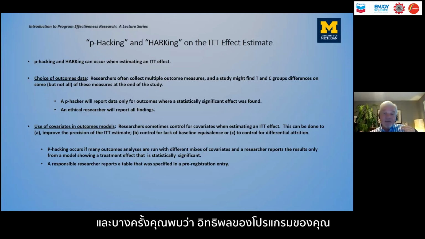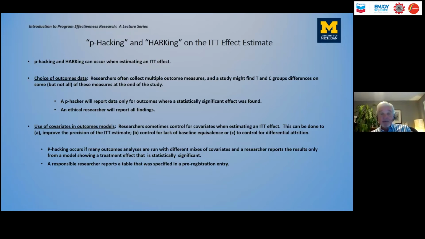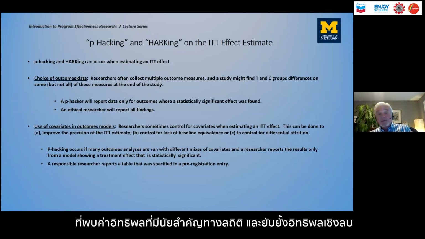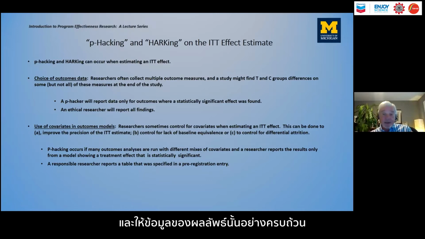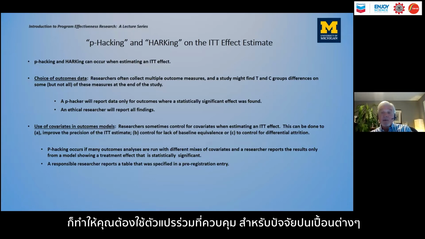And sometimes you find that your treatment effect is present on some outcomes, but not all outcomes. And so a p-hacker reports only the data for the outcomes where a statistically significant effect was found and suppresses the negative effects, whereas the ethical researcher has specified what outcomes are going to be studied and provides the full data on outcomes.